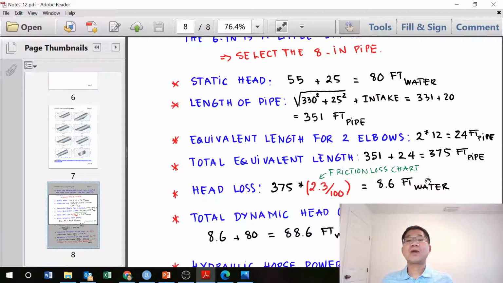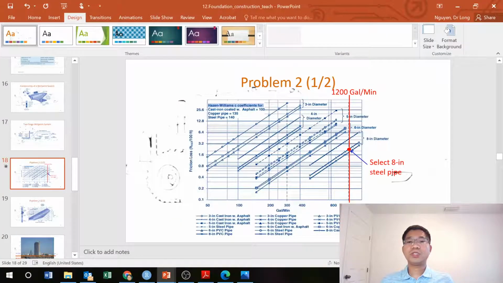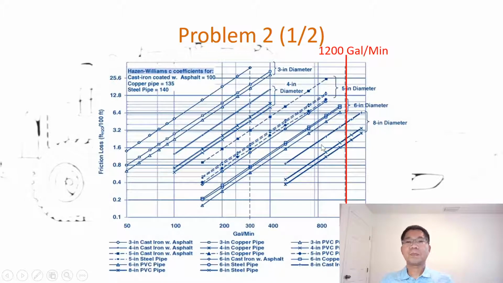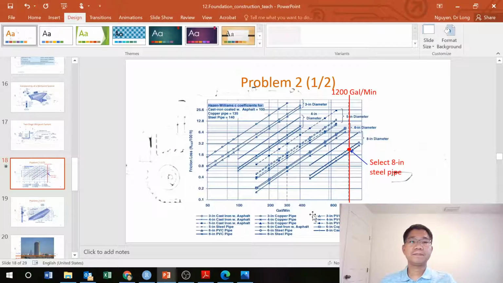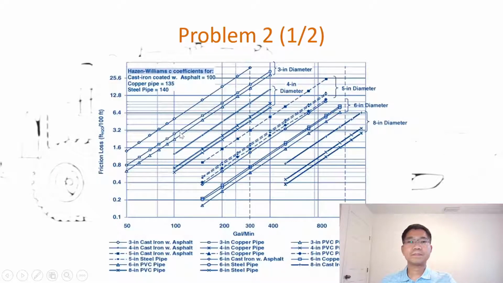And from that we can go to the chart here to determine the head loss. Going down from the 1200 gallons per minute, we are able to find the head loss. You can read in that chart it's about 2.3, where this is 1.6 and this is 3.2.